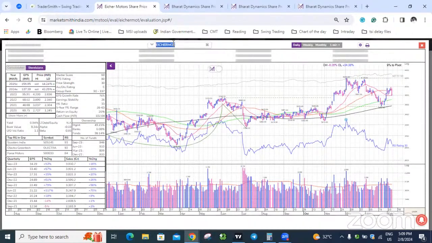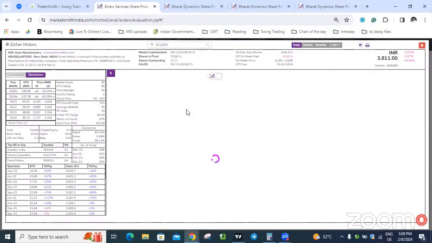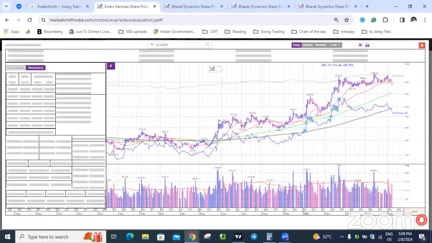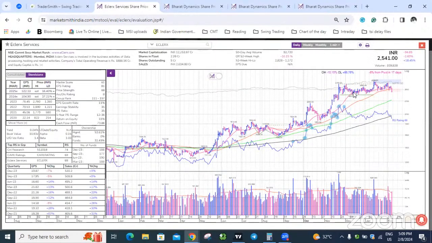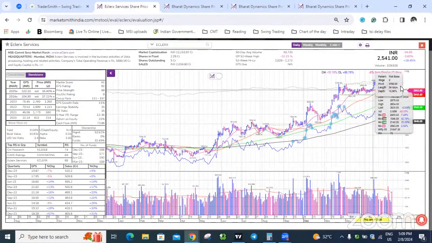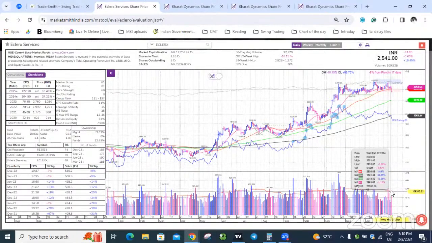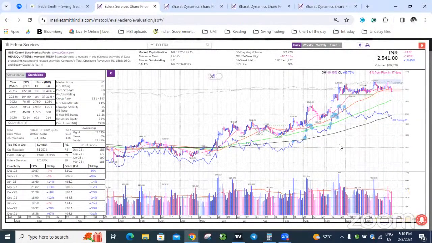Next one is Eclerx. Here there was a very good breakout from the flat base pattern, and right now it's trading sideways. The first sign is that it breached its 21 DMA today, and in the last 3-4 days huge selling volume is also coming.